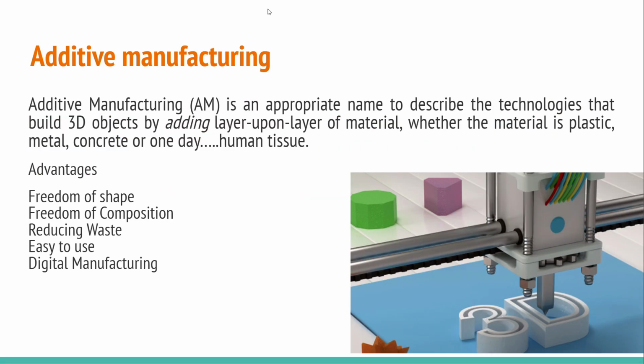Additive manufacturing. Additive manufacturing means the material is not removed, material is added. 3D printers are an example of this. Additive manufacturing is the appropriate name to describe the technologies that build 3D objects by adding layer upon layer of material, whether the material is plastic, metal, concrete, or one day human tissue.